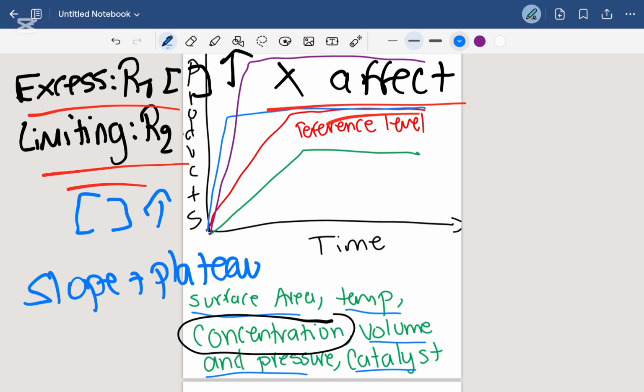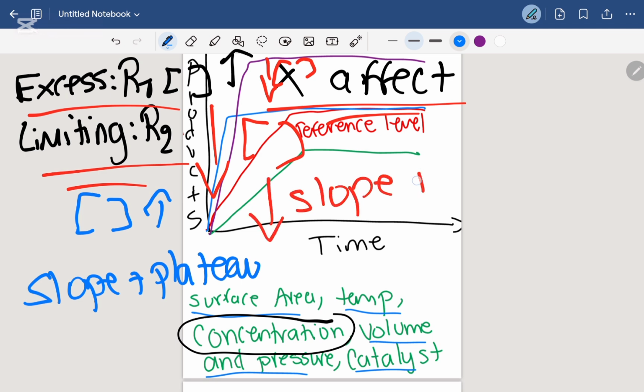However, if we increase the concentration of the limiting, then we will increase the amount of products being produced. So definitely the slope and the plateau will increase. Same goes if you decrease. If you decrease the concentration of excess, it won't do anything. But if you decrease the concentration of limiting, it will decrease the amount of products being produced. So it will decrease the slope and the plateau.